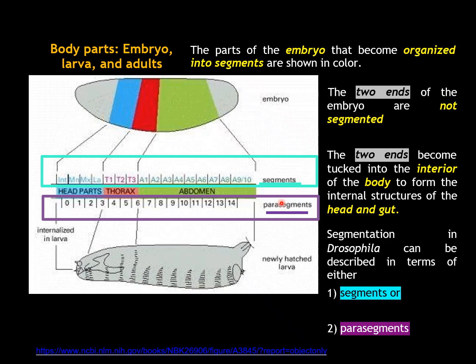In addition to that, the segmentation can be divided in two terms, segments and parasegments. Remember there are 14 parasegments. Those are the ones that we find in the larvae and also at the end of the embryo, that we count each one of, and the segments are the ones that we use for the adult.